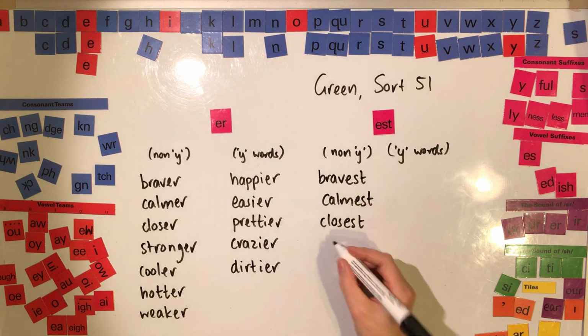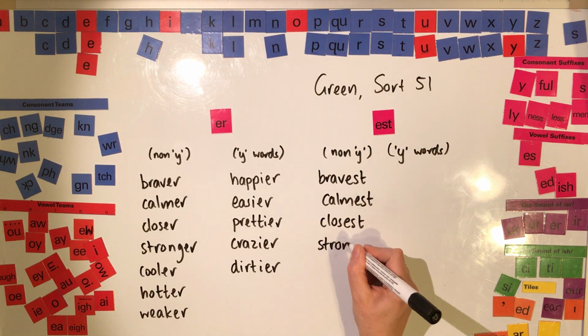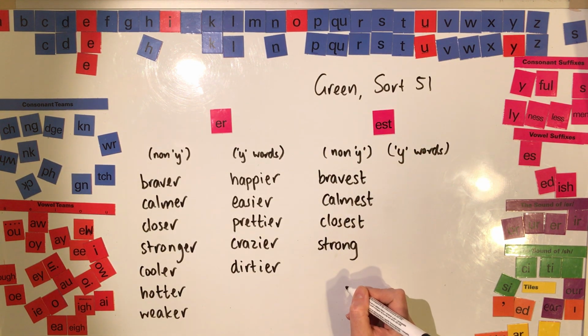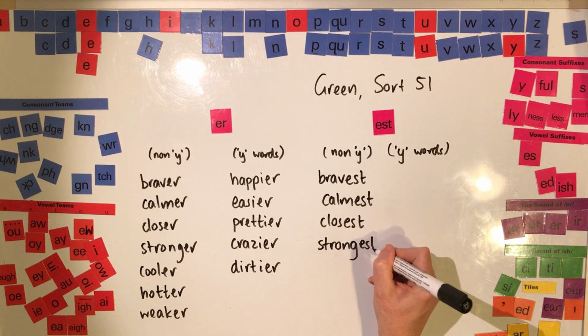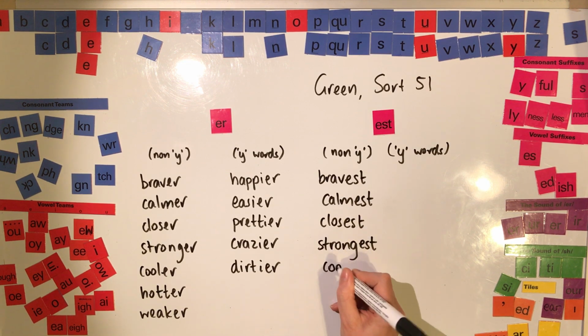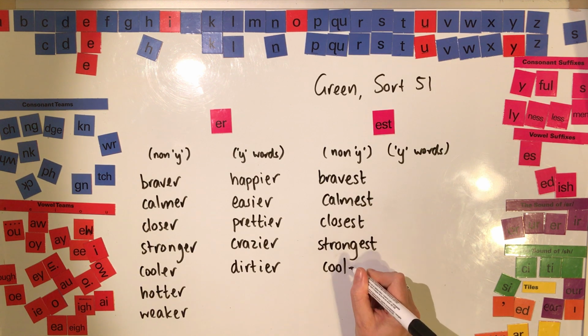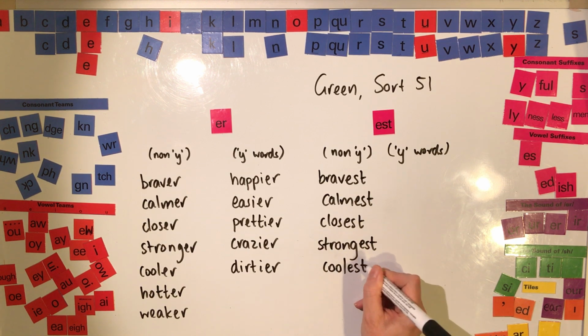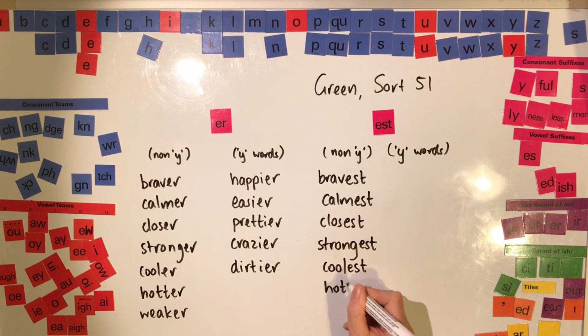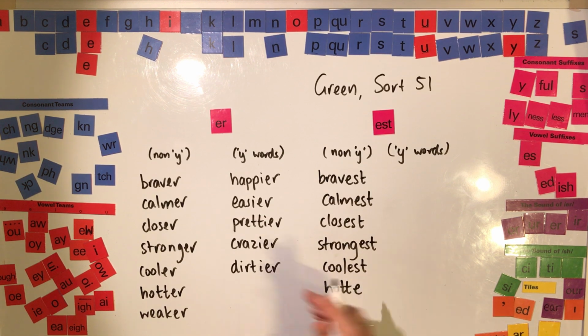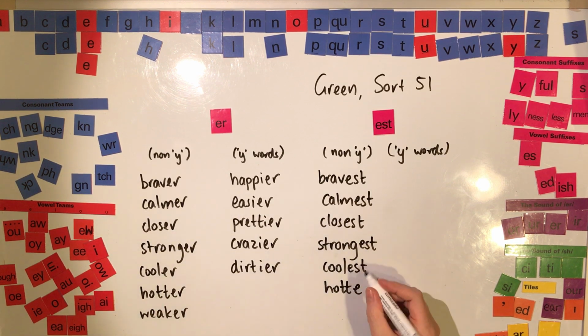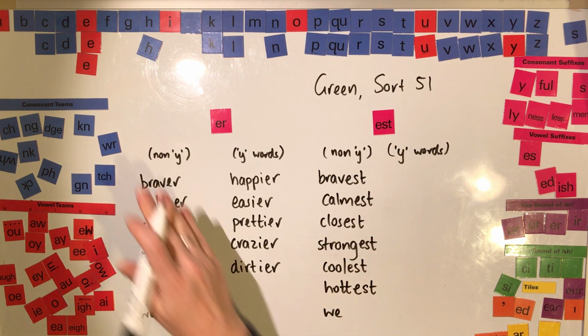So I'm doing that just to help you. Strongest. Don't have to double the middle letter. Don't have to drop the E. So I just add est. Coolest, same. Don't need to double the middle letter. Don't need to drop the E. Hottest. Do need to double the middle letter because of the single vowel, single consonant, single syllable. And weakest.